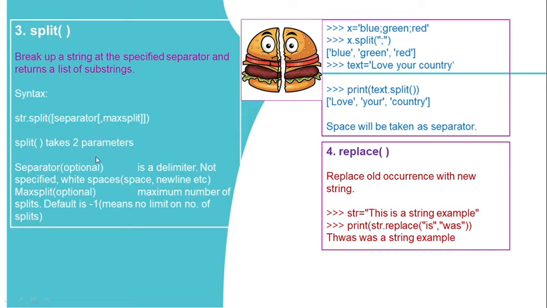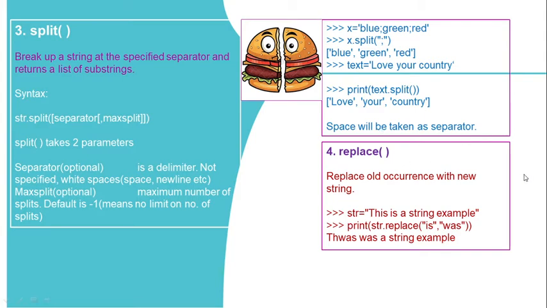So we have seen here, if we do not specify anything, white space or new line will be taken as a separator. The result will be like love, your, country. So at that time, space will be taken as a separator.